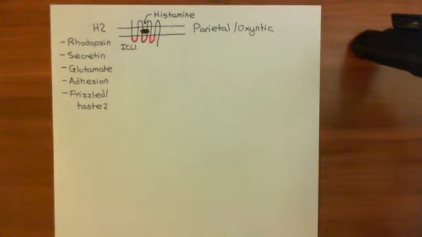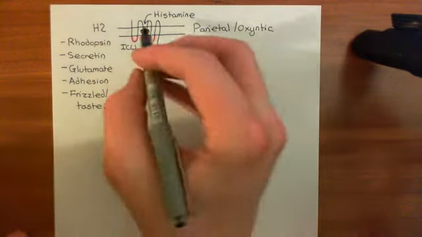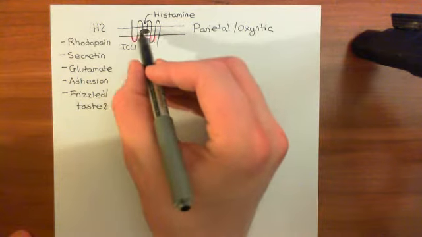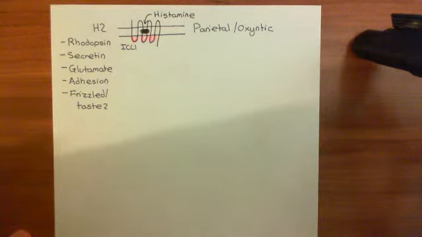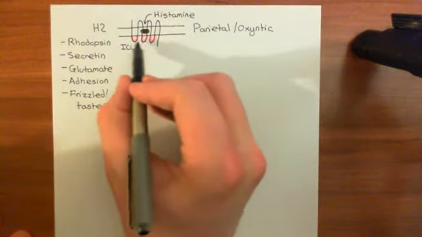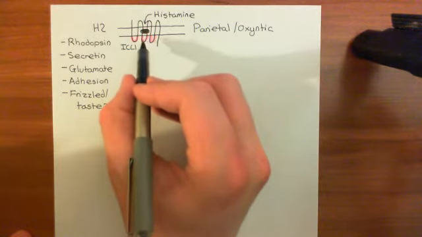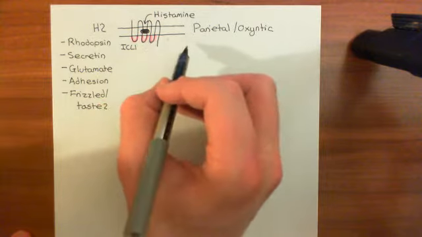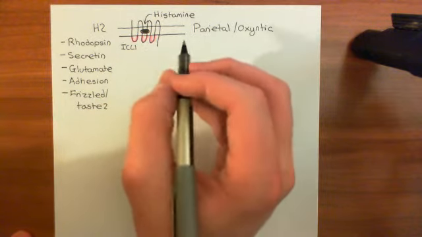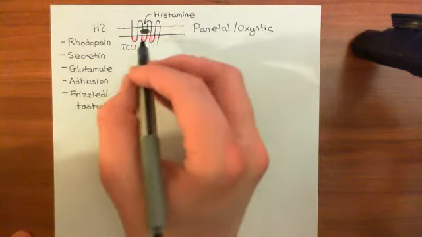Okay, so basically, when histamine binds to the transmembrane domains of the H2 receptor, you'll get a conformational change in the intracellular loops, so that there is now a binding site for a heterotrimeric G protein. Now, which heterotrimeric G protein is going to bind here?